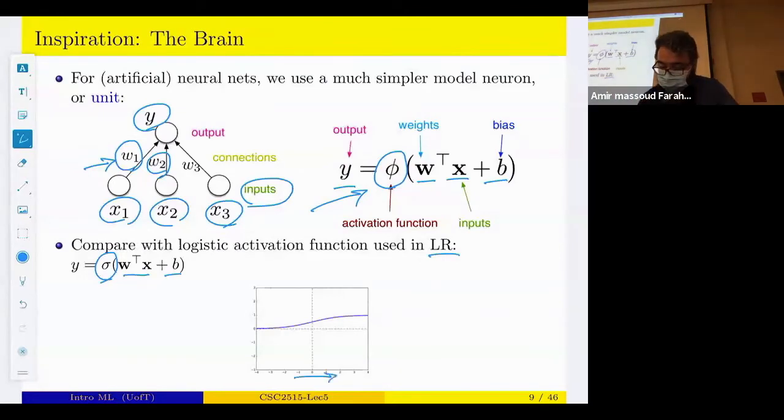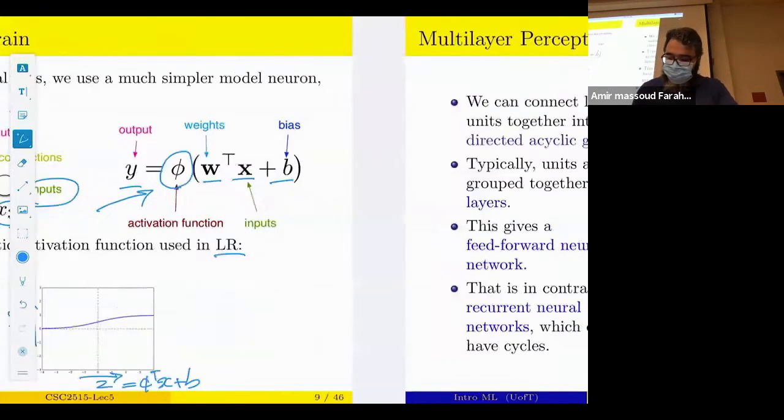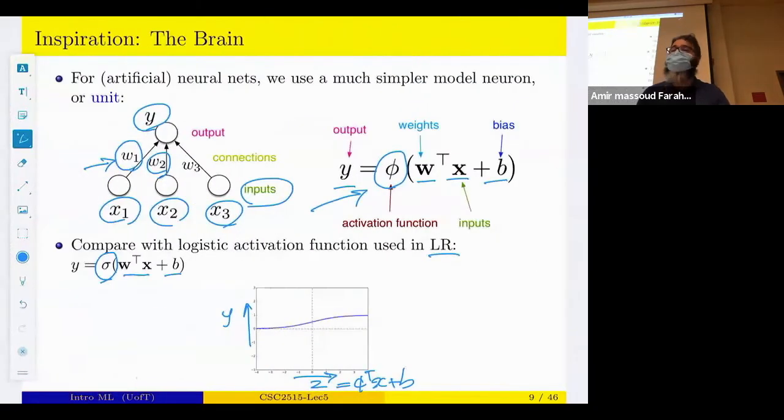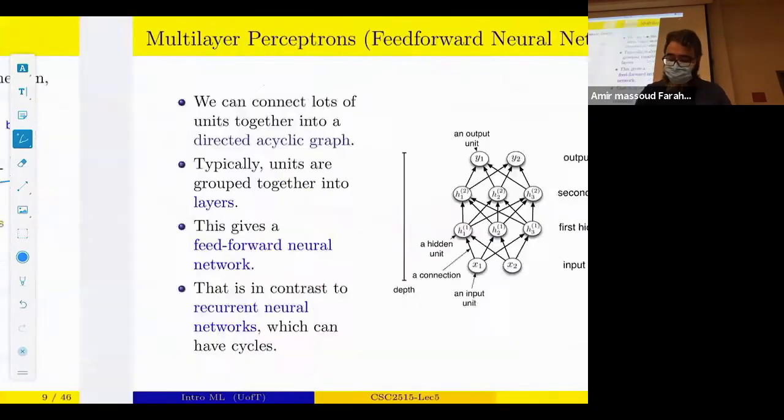So this would be Z, and this would be the Y, and Z would be equal to, say, phi transpose X plus B. So with this activation function, it is essentially like one unit of one logistic regression model. Okay, is there any question so far? Good.